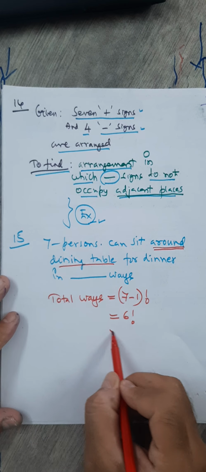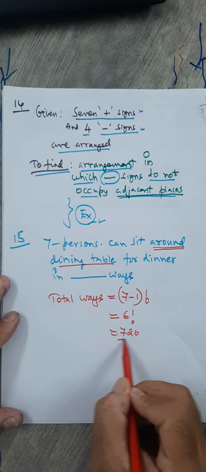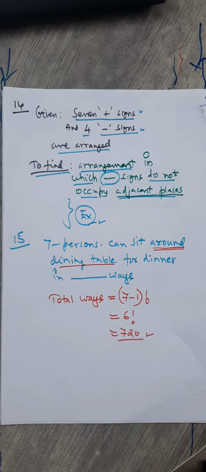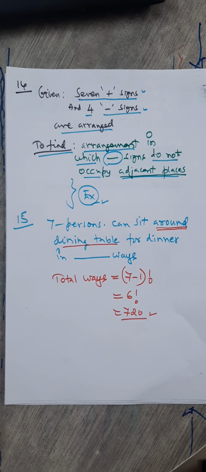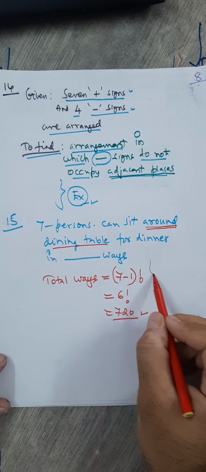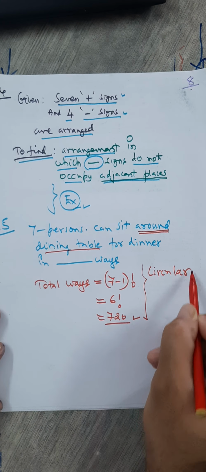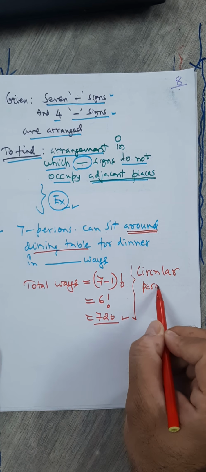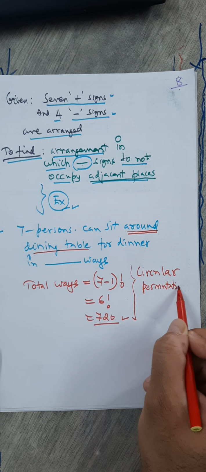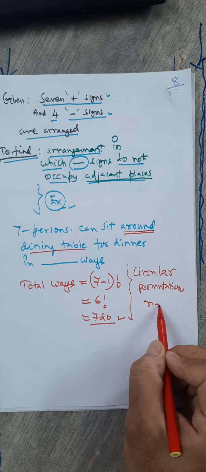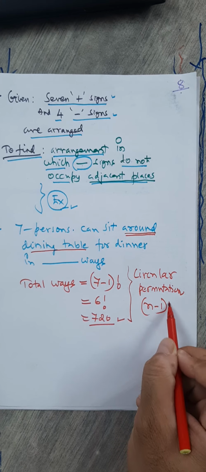You know, this is nothing but 720. Just recall circular permutation, you will realize. That is given by n minus 1 factorial.